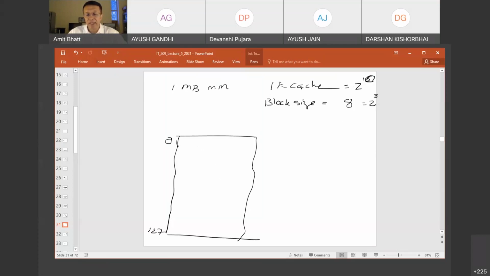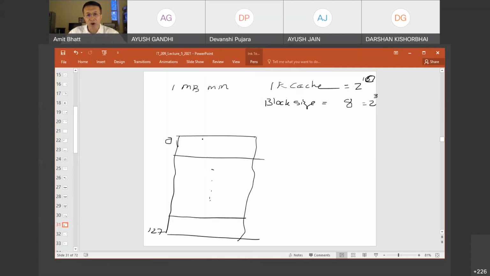Because there are 3 bits for the block, there are 7 bits left for index. So there is 2 raised to 7. So that means there are 128 blocks available. So it would be like this, and there will be lines, and this would be the 127th block.